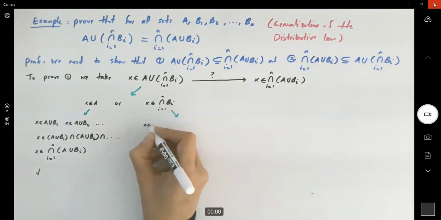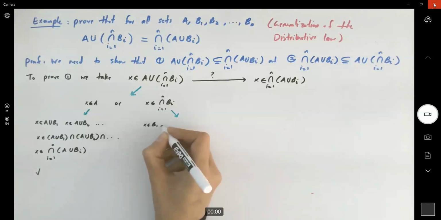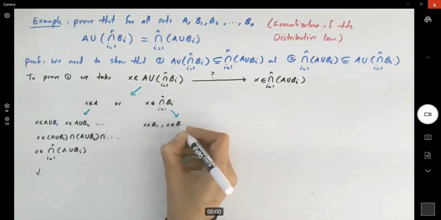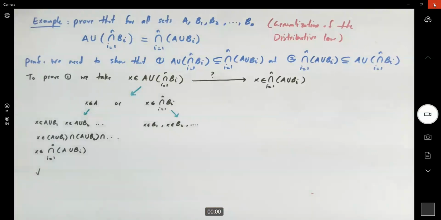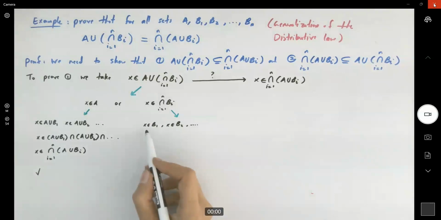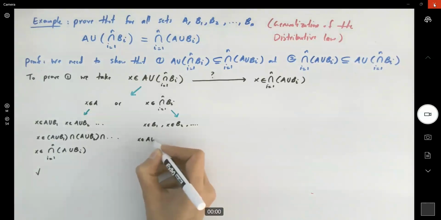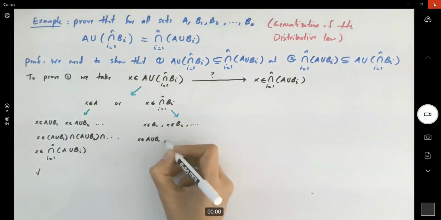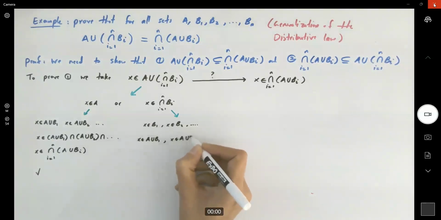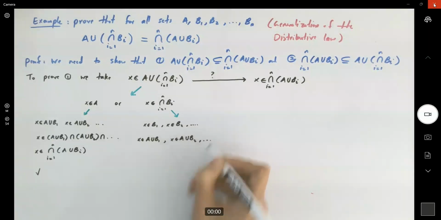So x belongs to B1, and x belongs to B2, and x belongs to B3, and so on. Since x belongs to B1, by definition of union, x belongs to A union B1. x belongs to A union B2, and so on.